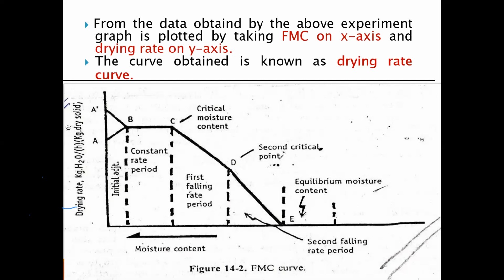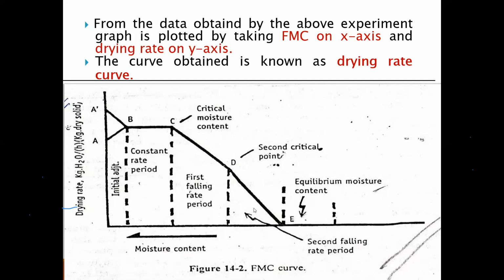Then from D to E, next, it is called the second falling rate period.